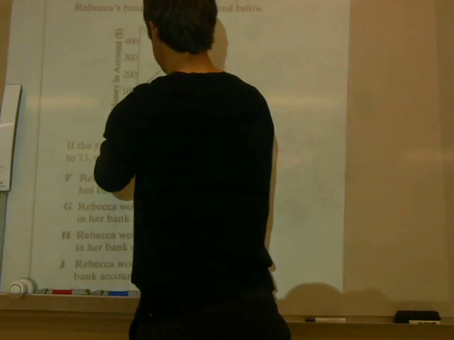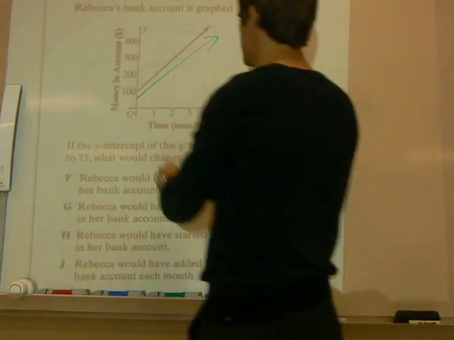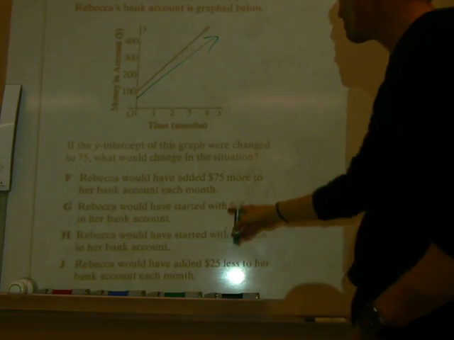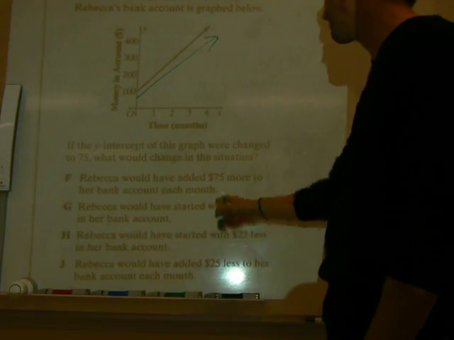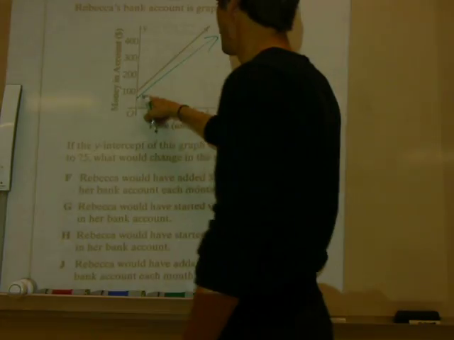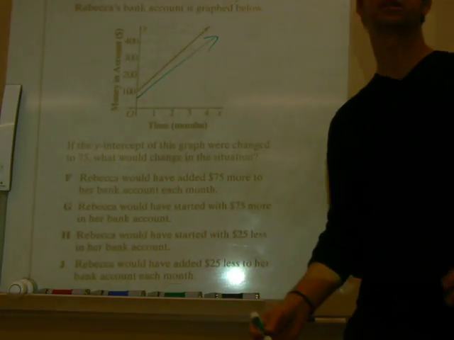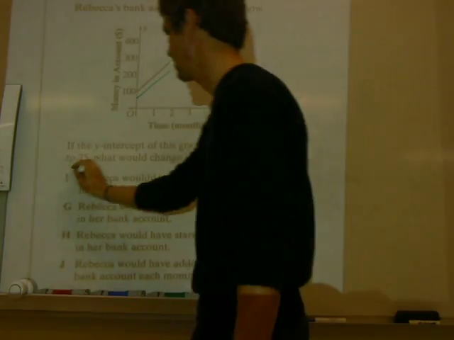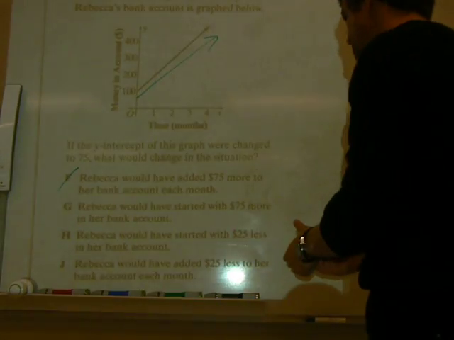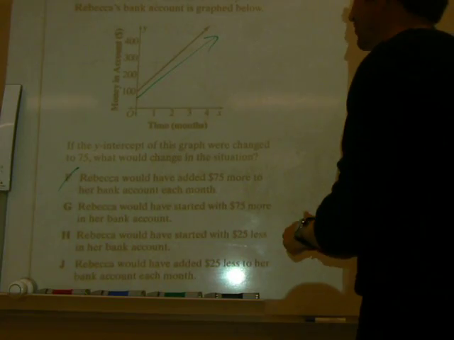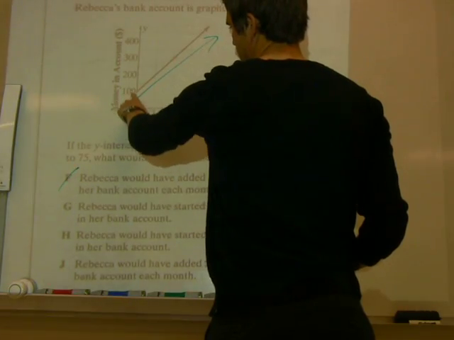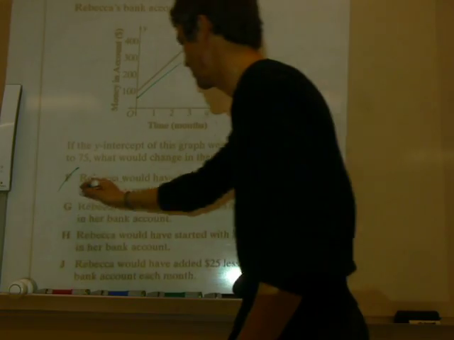Change this 100 to 75. Everything else is going to stay the same. Okay. Rebecca would have added $75 more to her bank account each month. No, you're still adding the same amount. The slope represents the amount you add, okay? G, Rebecca would have started with $75 more in her bank account. No, she actually started with less, because this represents the initial amount she started with.